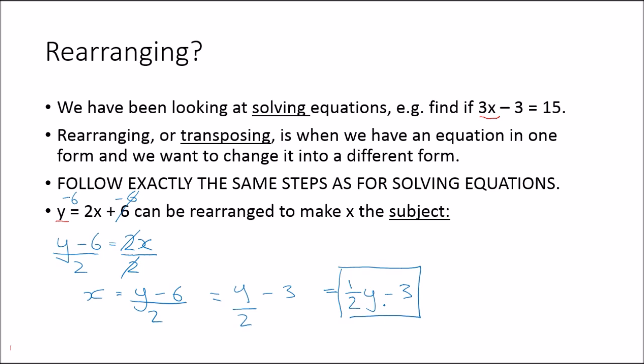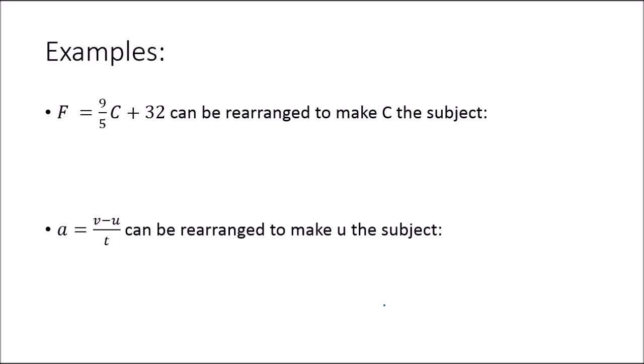But as you can see, I haven't done anything different to all the examples we've done before. I merely identify an operation and then I do the opposite operation to both sides so that my equation stays balanced.